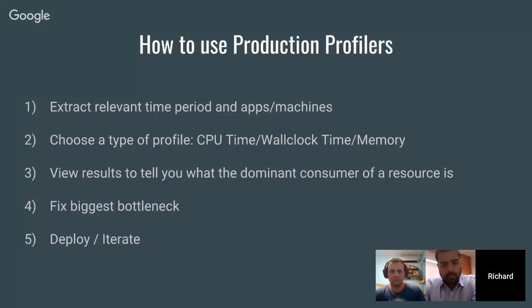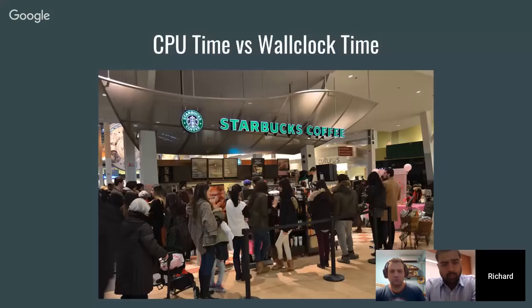So I mentioned that there are different kinds of time that we can think about when we're looking at a system. One of those is CPU time, and one of those is wall clock time. So what's the distinction there? Well, CPU time is the time that your code is actually spending on the CPU, executing instructions, working away like a busy beaver.